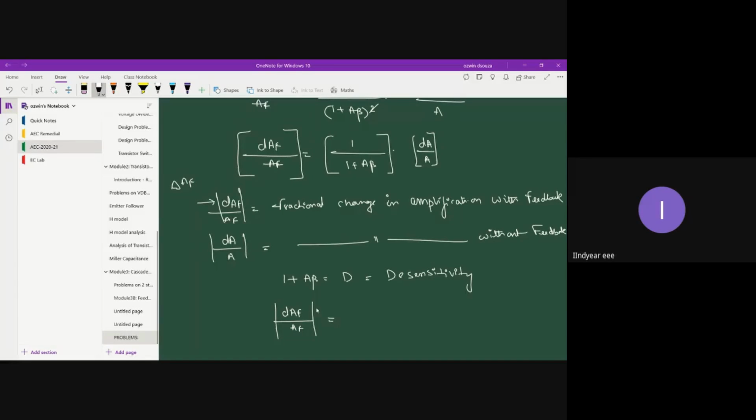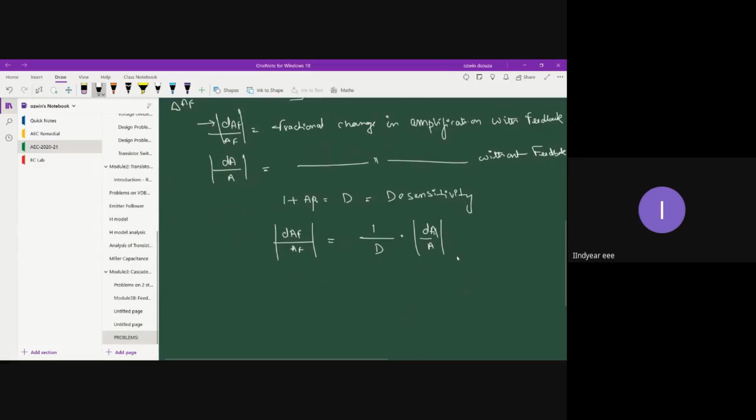Always let us take the modulus, because sometimes dAF you may get as negative, if you subtract a bigger number from a smaller number. That's the reason, to absorb the negative sign, we always take the modulus on both sides, is equal to 1 divided by 1 plus A beta, which you can consider as the desensitivity factor, into dA by A. Again, I have taken the mod.